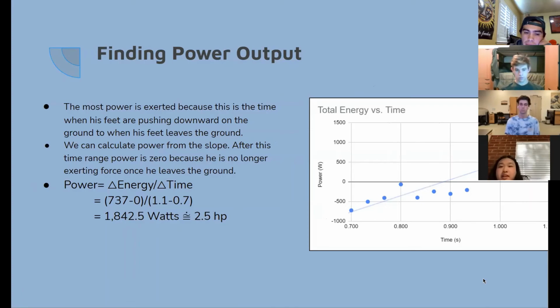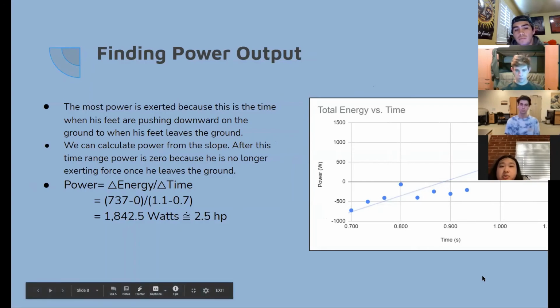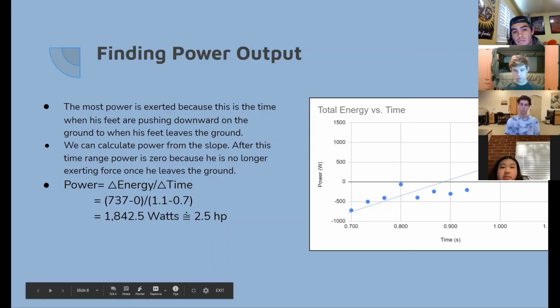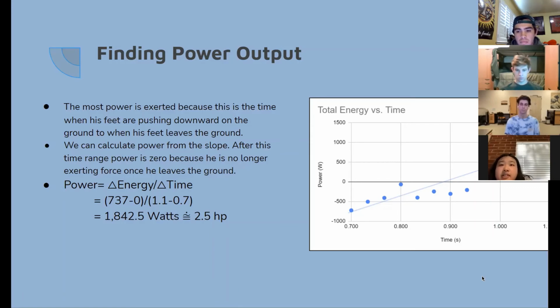In order to find the power, we take the change in energy over the change in time, which is 737 joules minus 0 divided by 1.1 minus 0.7, and we get a power output of approximately 1,842.5 watts, or about 2.5 horsepower. After this time range, the power is 0 because he is no longer exerting force and he leaves the ground.